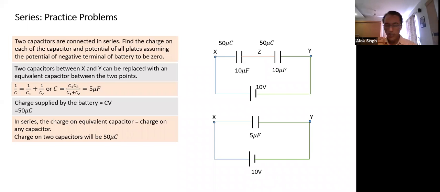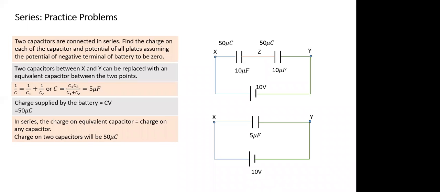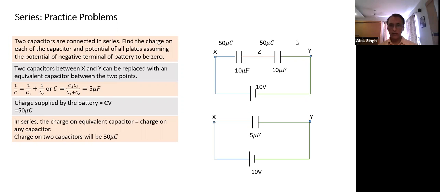Now, how do you find the potential at point Z? Q is equal to C1 into V1. Yes, basically we know the charge and the capacitance of this capacitor, so I can find the potential difference between the positive plate and the negative plate. Which formula?